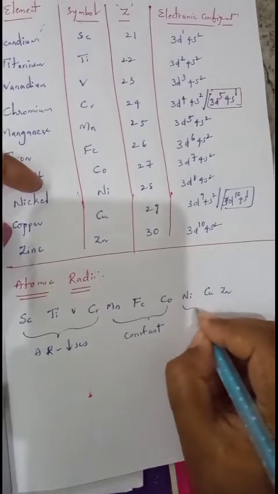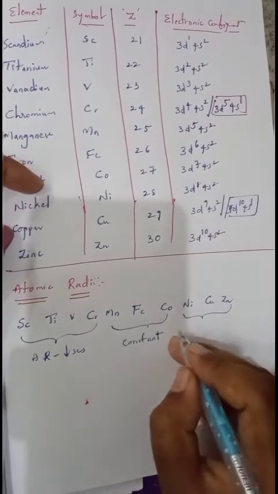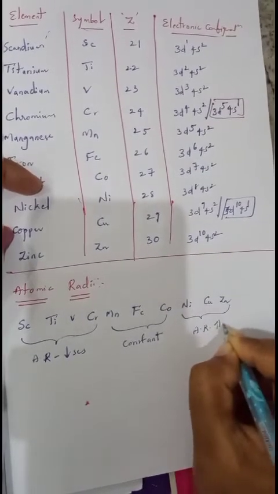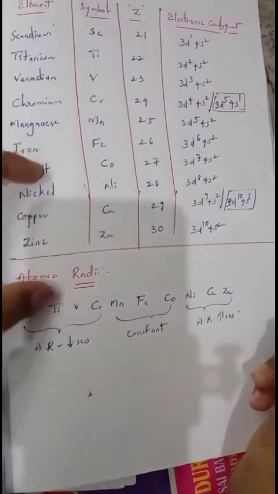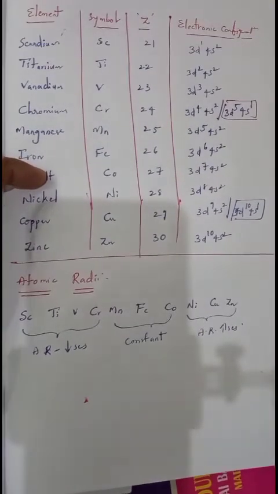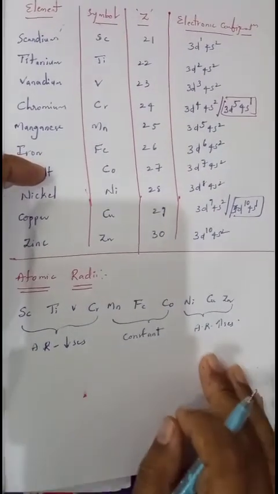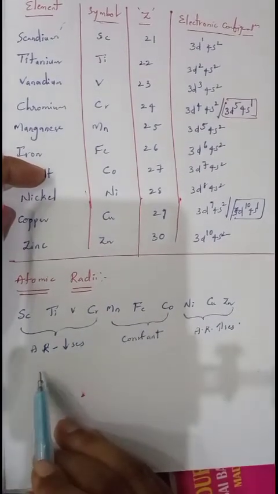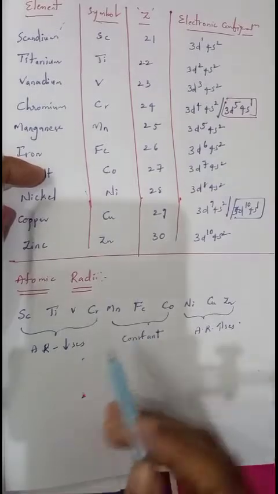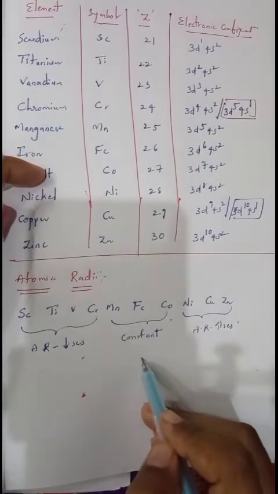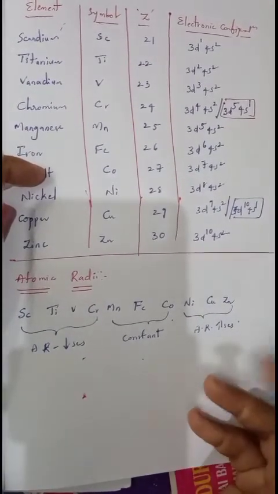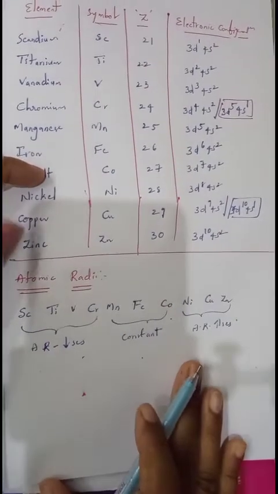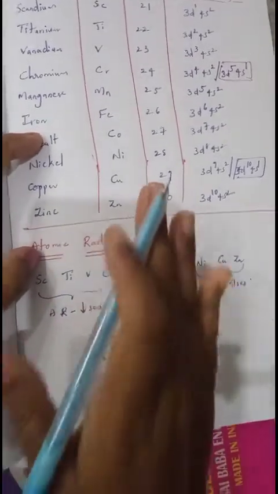For the last elements, nickel, copper and zinc, there is a slight increase in the atomic radii, due to the shielding effect of the electrons present in the outermost shell. So for the first 3 or 4 elements, atomic radii decreases with increase in atomic number; for the next 3 elements, it becomes constant; and for the last elements, it increases. That is about the atomic radii of 3d series elements.